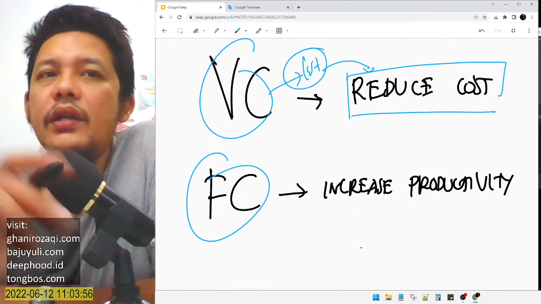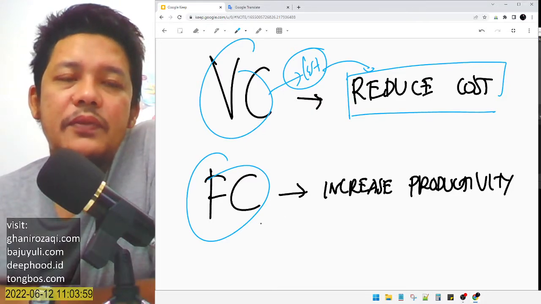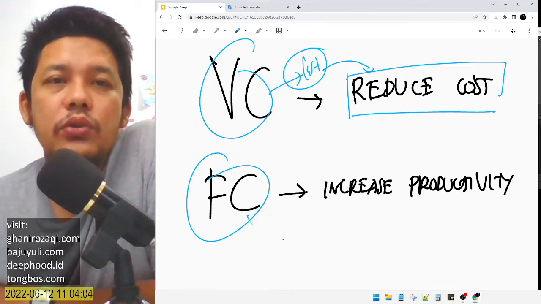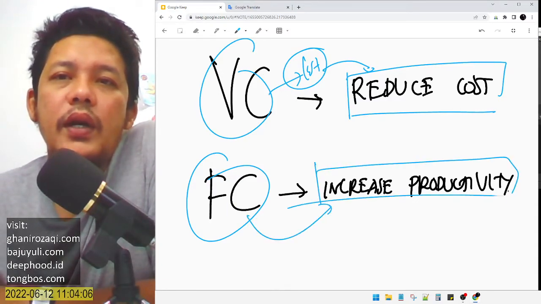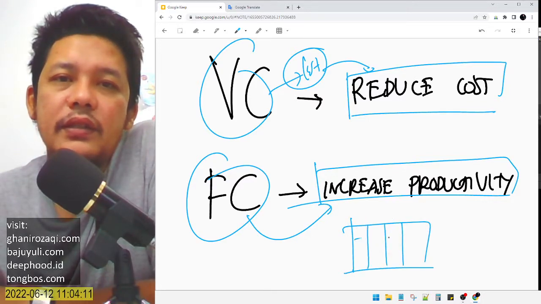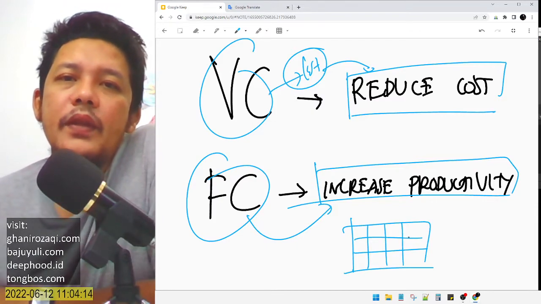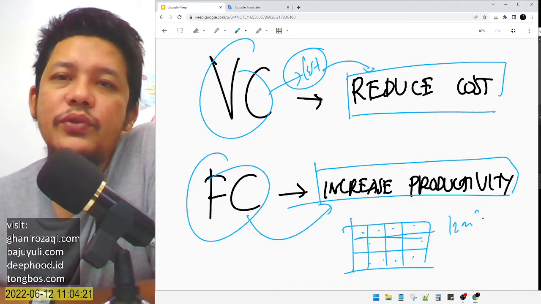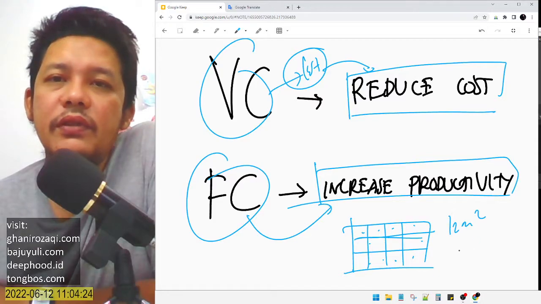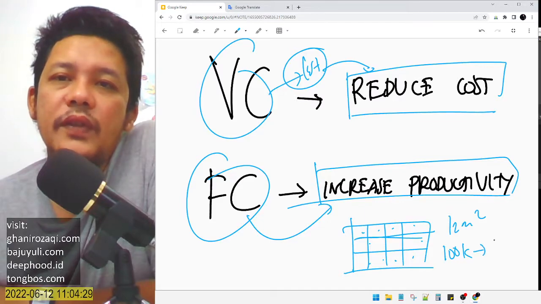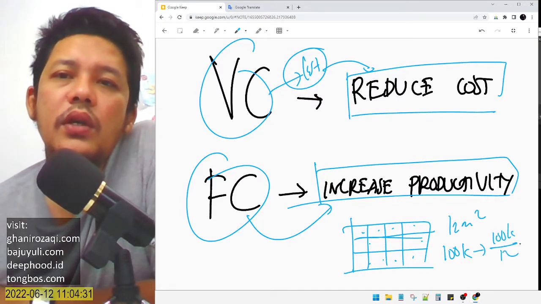And then for the fixed cost, to increase your profitability, the more possible way is to increase your productivity. Why? For example, your rent is for an area of, for example, 12 square meters. If you generate revenue of 100K, your productivity is 100K divided by 12.